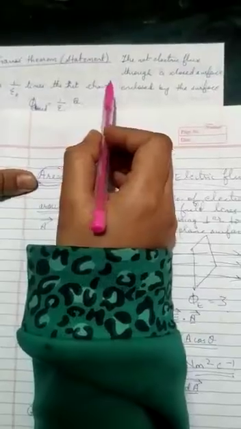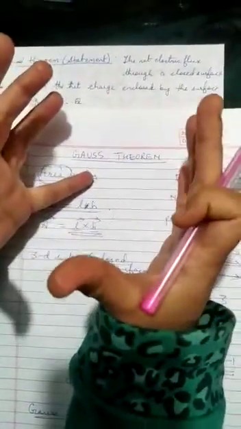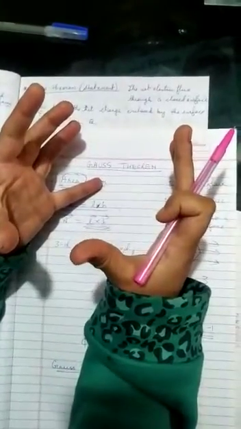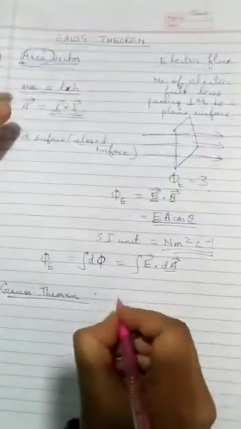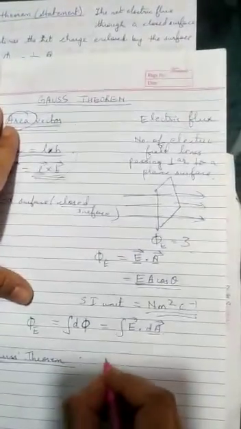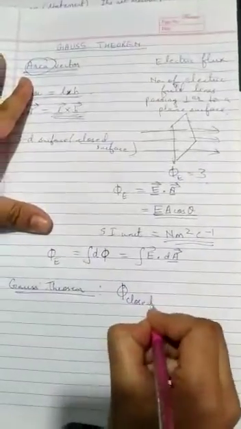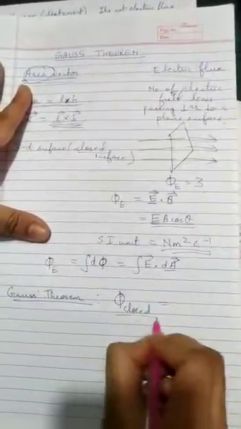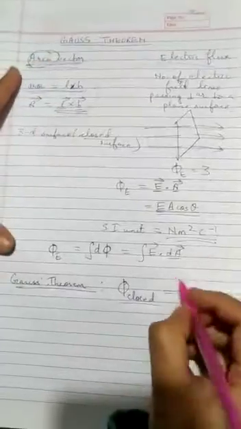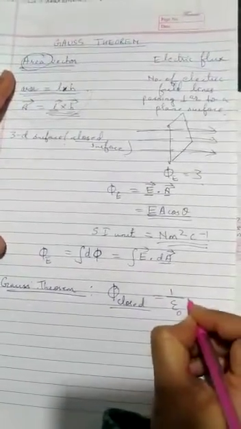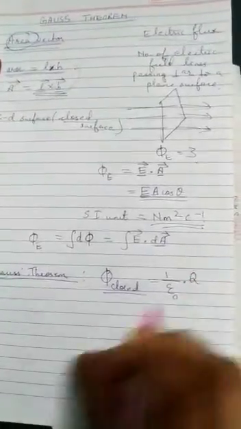It means that you are given a 3D surface, say a sphere. How much will be the electric flux through this sphere? That will be equal to electric flux, we denote this by phi, through a closed surface. It will be 1 by epsilon naught times the total charge enclosed by the surface.